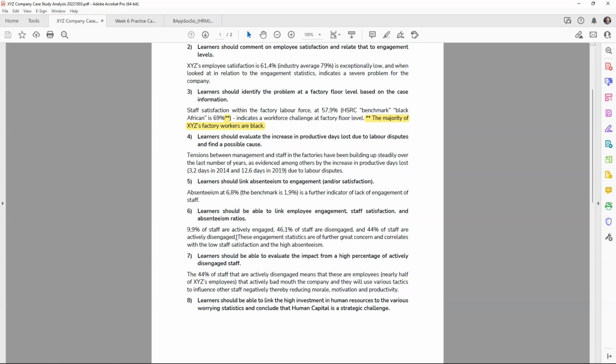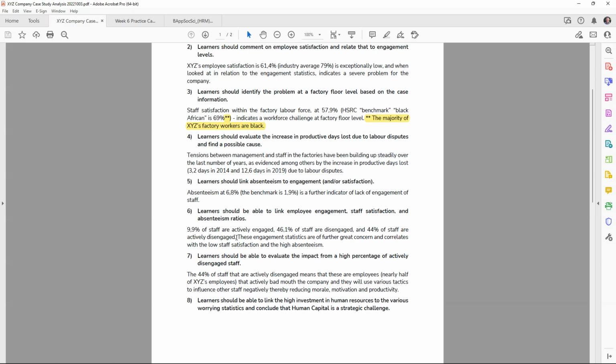For example, I think the Eskom scenario, which we're all so familiar with, apparently there is sabotage. Now, there could be other reasons for that as well, for example, some political undercurrents and so on, but you could imagine the staff engagement statistics at a company like that.